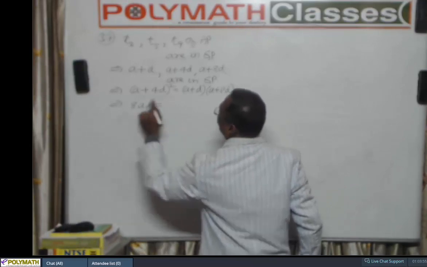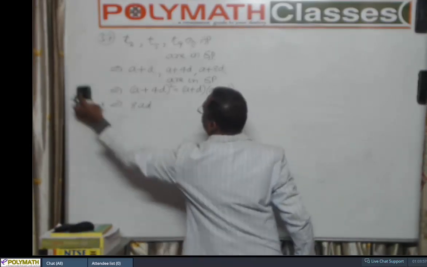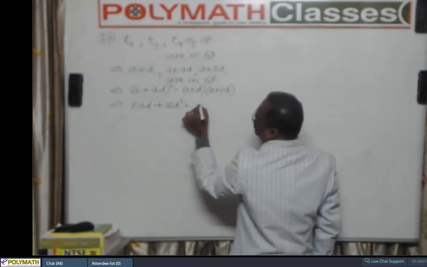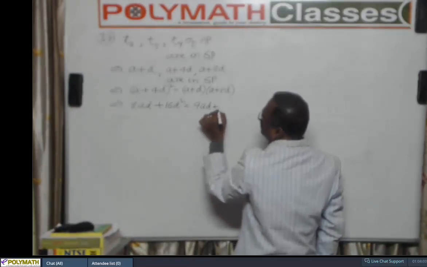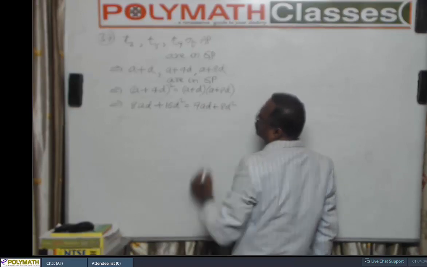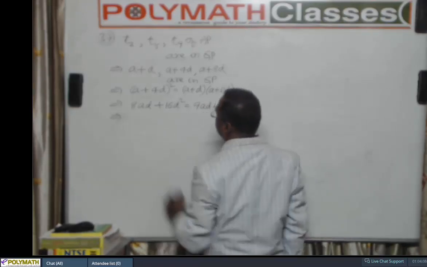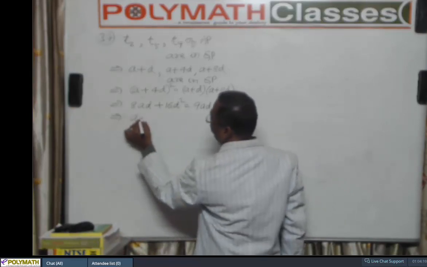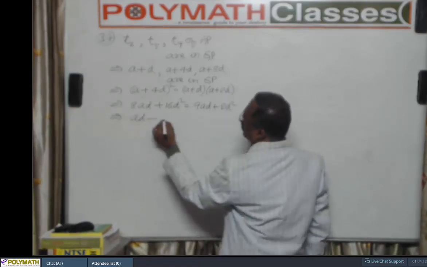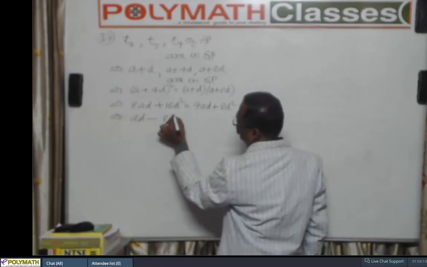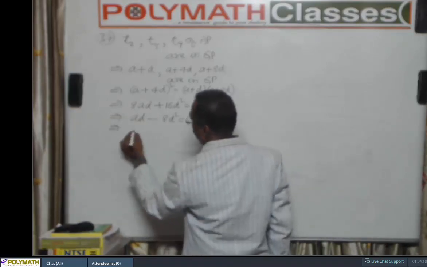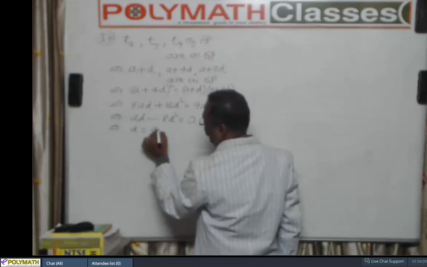Let us bring this to one side after writing this, 9AD plus 8D square, which becomes, bring this to the other side, AD minus 8D square is equal to 0. Divide with D, so A is equal to 8D.